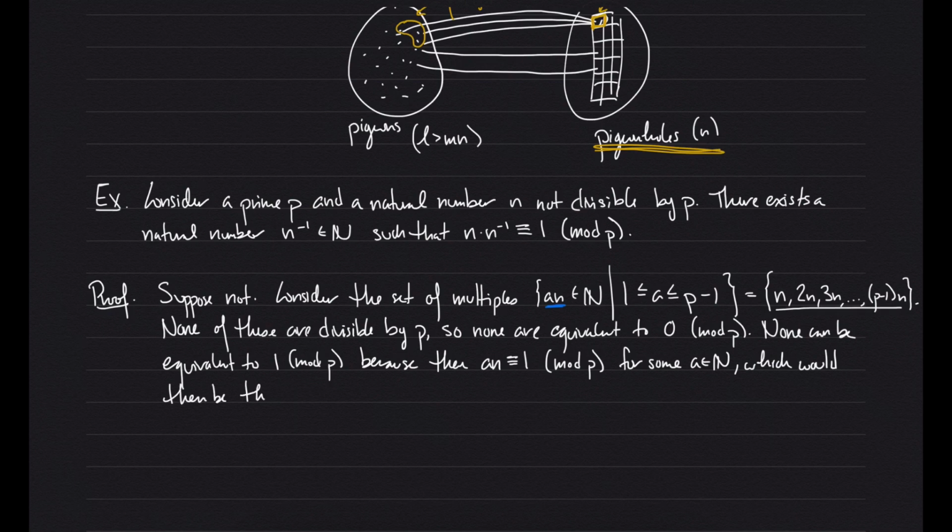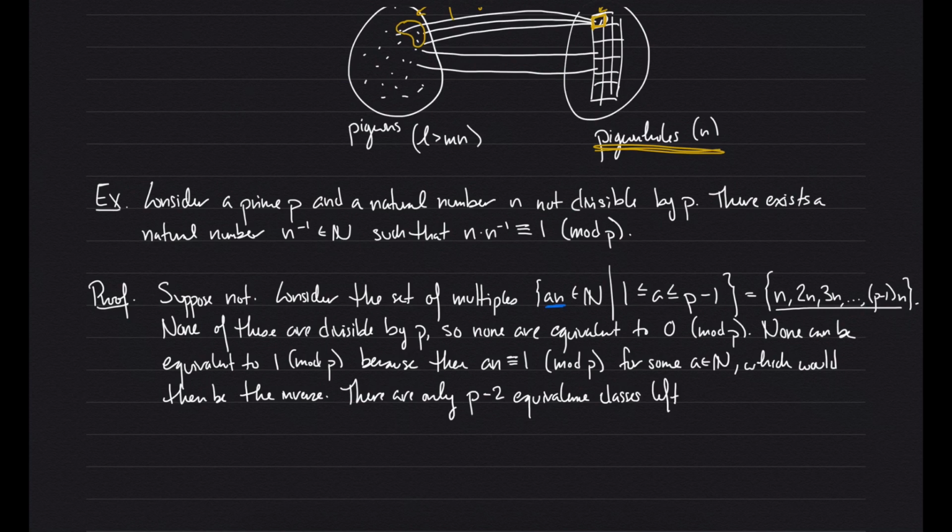And we are supposing that there is no inverse. So we know that none of these multiples can be equivalent to 1, and none of them can be equivalent to 0. So there are only p minus 2 equivalence classes left that these multiples could be in, right?